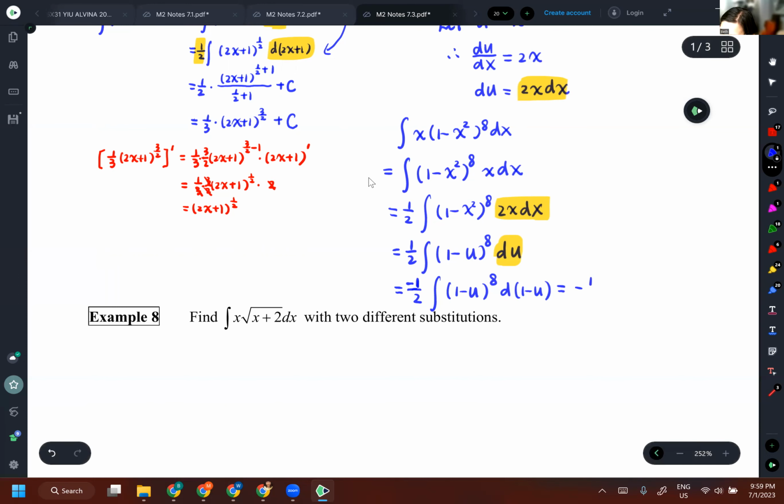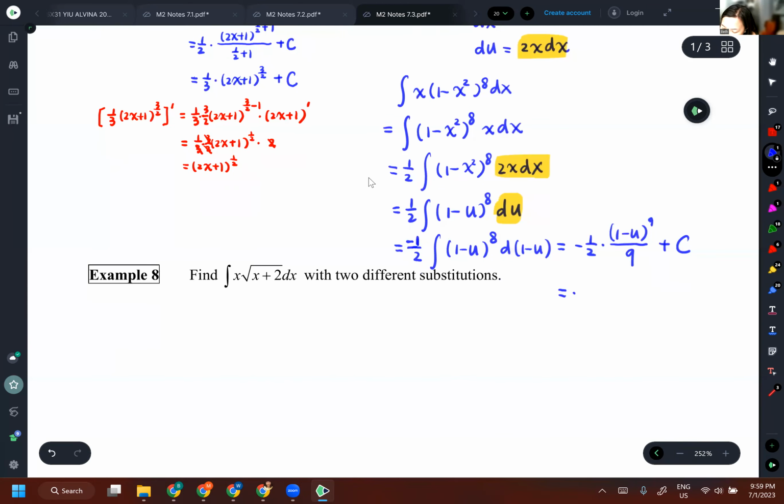So it's -1/2, (1 minus u) to the power 9 divided by 9 plus c. And then it's -1/18 (1 minus u)... maybe not u, I change it back to x. And then you're done.